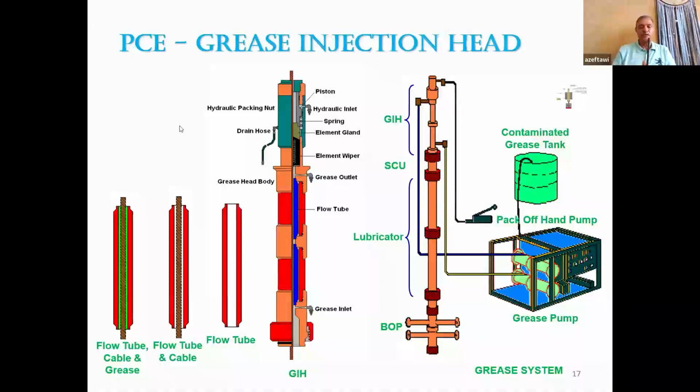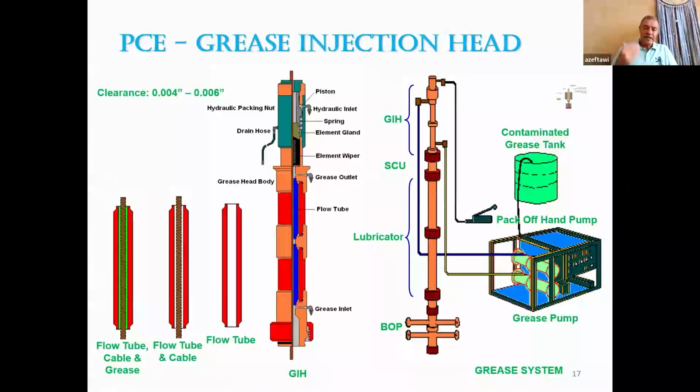Plus, if you notice, the clearance between the flow tube ID here and the OD of the wire is, as you might notice here, I'll write it down, 0.005 of an inch. So the volume you are filling is too small.